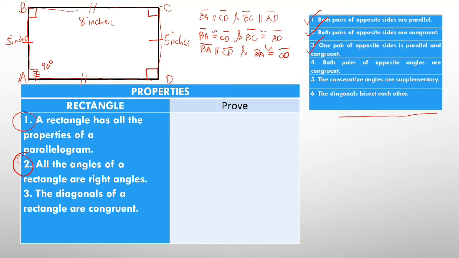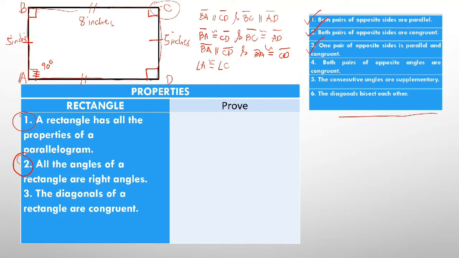So our opposite angles here: angle A is congruent to its opposite, which is angle C, since they are congruent because they have the same shape and also the same measurement.